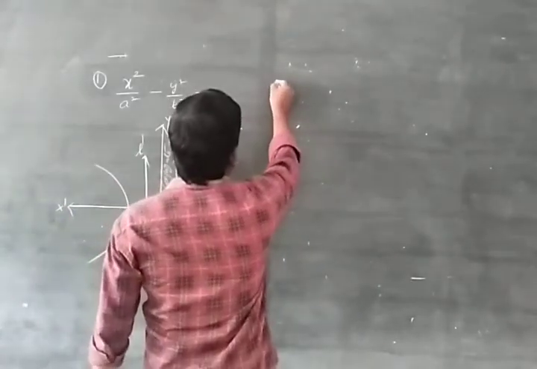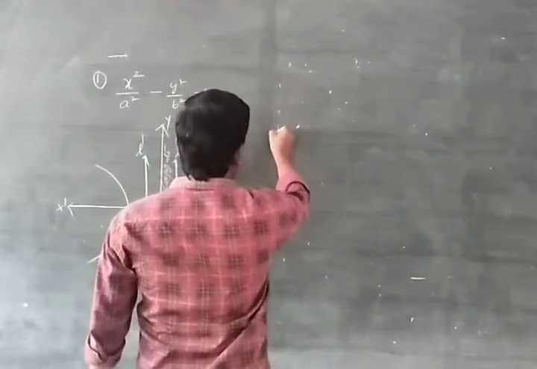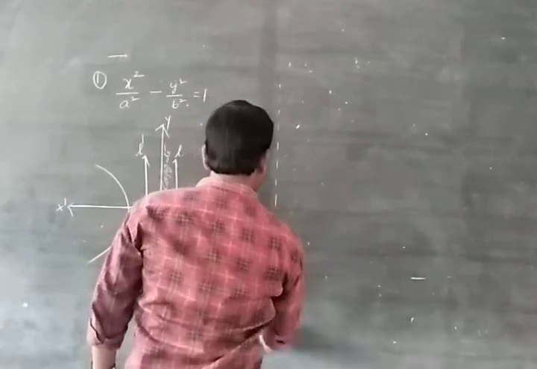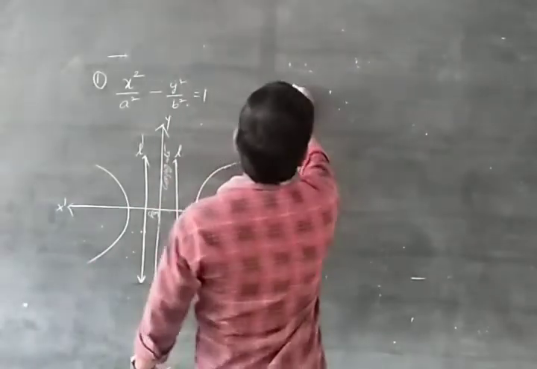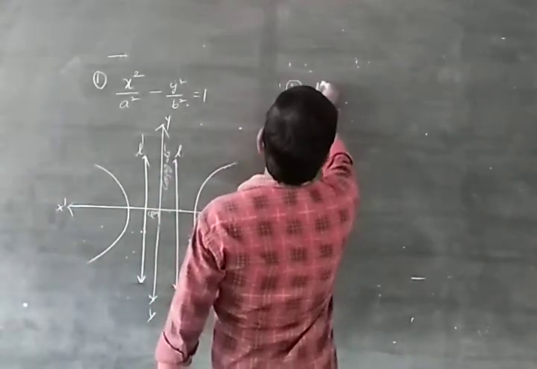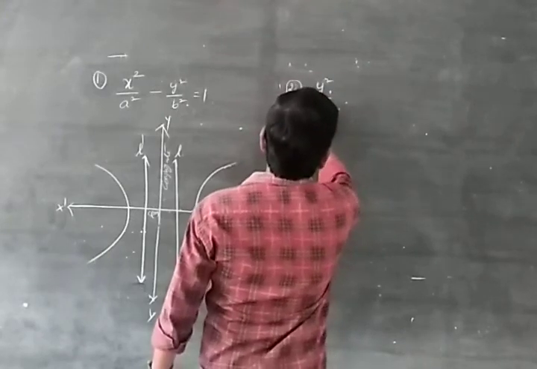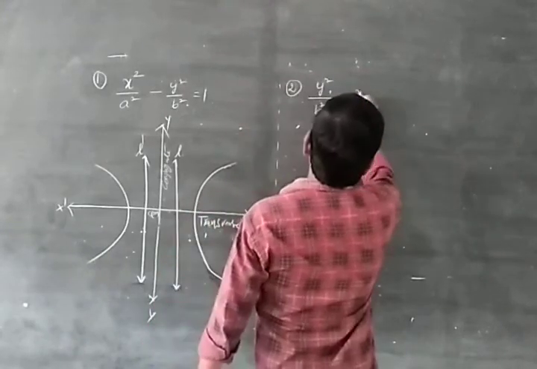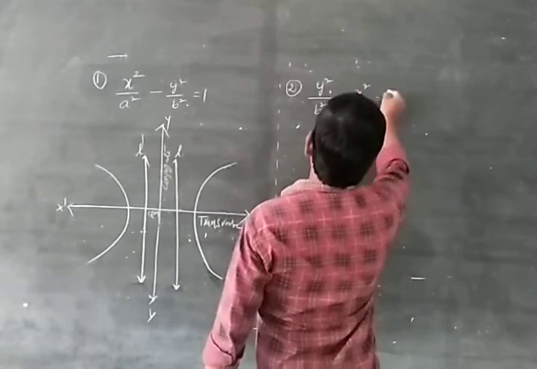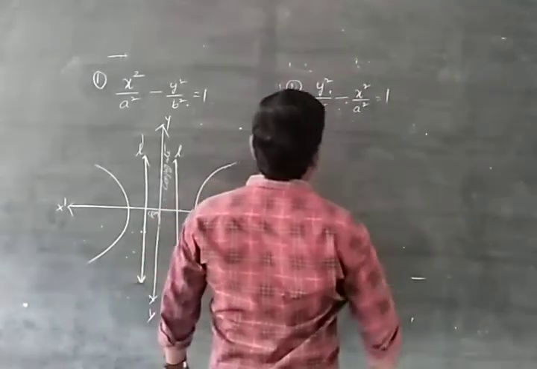Then the second one, y square by b square minus x square by a square equal to 1.